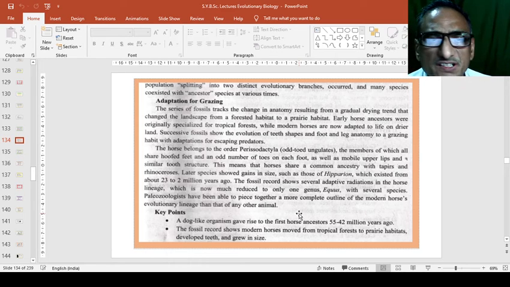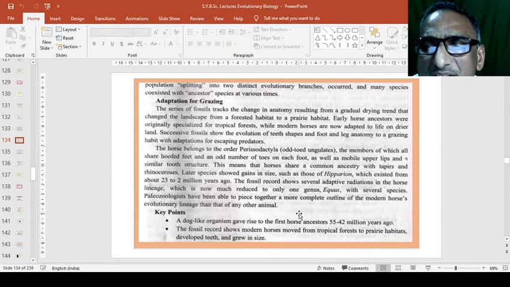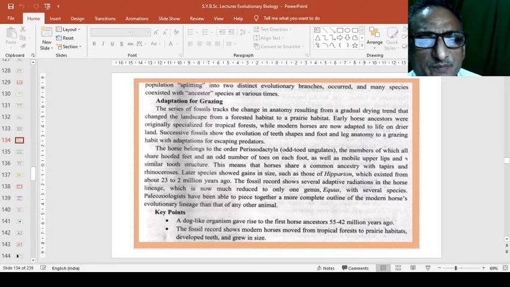Early horse ancestors were originally specialized for tropical forest, while modern horses are now adapted to life on drier land. Successive fossils show the evolution of tooth shapes and foot and leg anatomy for a grazing habit, with adaptations for escaping predators.